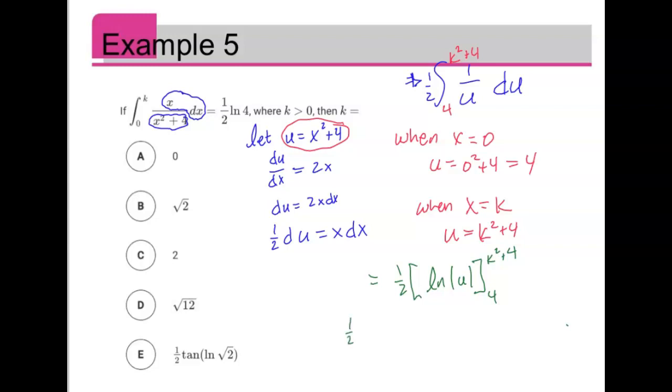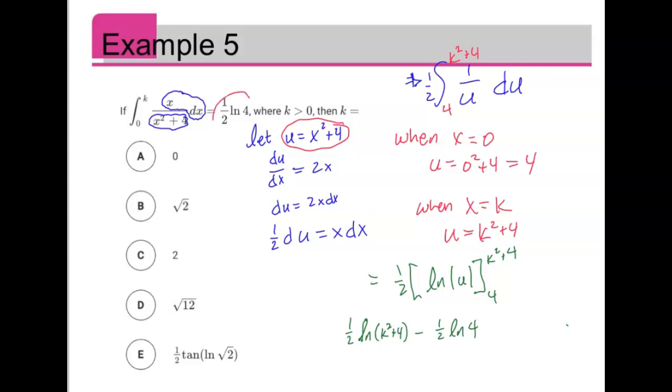So I have 1/2 times natural log of k squared plus 4, minus half natural log of 4, right? All right, so that's when I evaluate the integral.